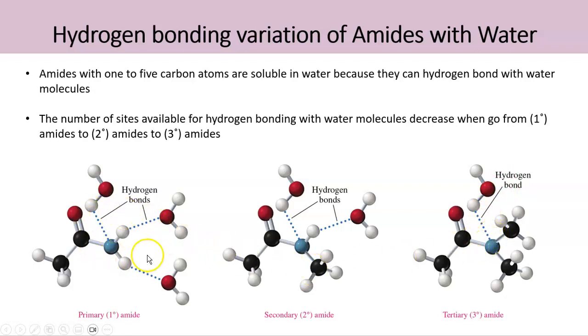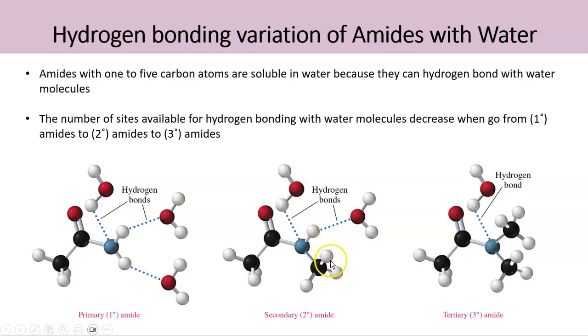Now, in primary amides, there are multiple sites for hydrogen bonding. The nitrogen atom can make a hydrogen bond with one water molecule, and there are two hydrogen atoms to make hydrogen bonds with two other molecules.